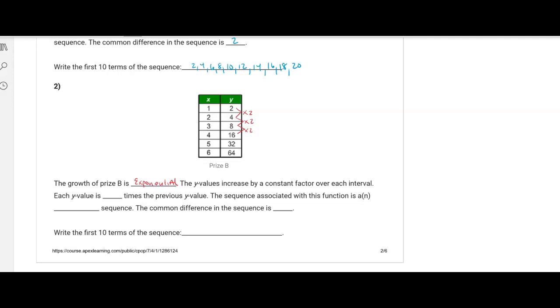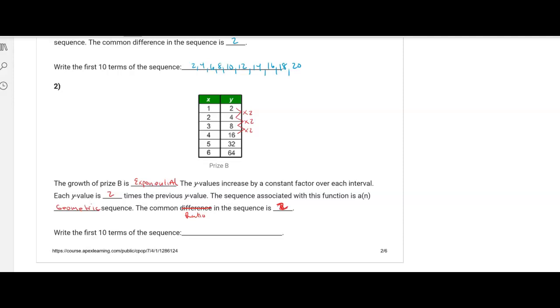Each y value is 2 times the previous y value. The sequence associated with this function then would be a geometric sequence, and the common difference in the sequence is 2. It is 2, but this should be common ratio. And the common ratio is 2.